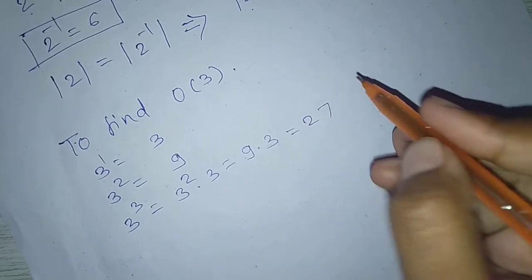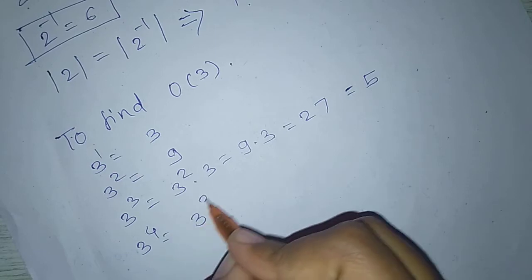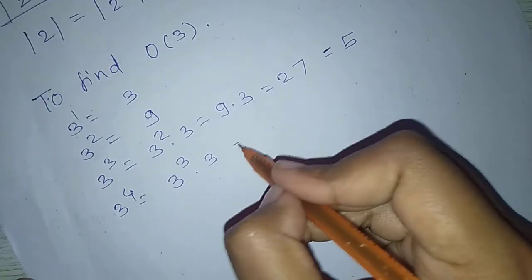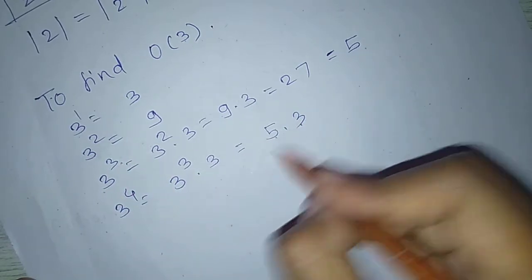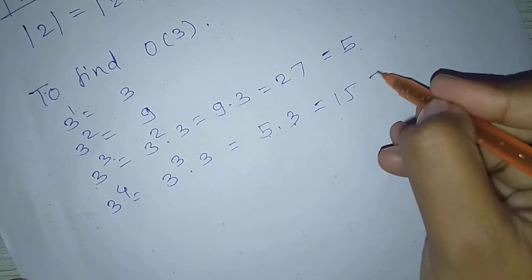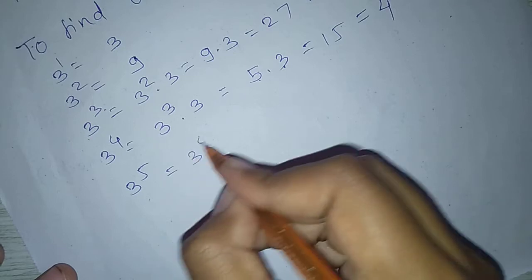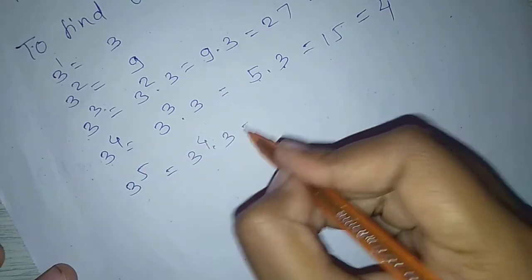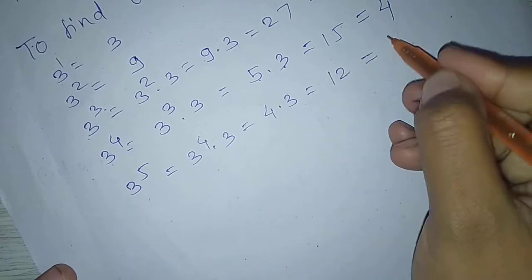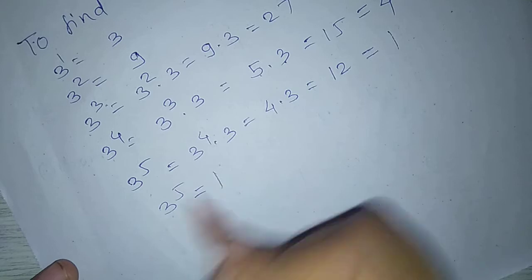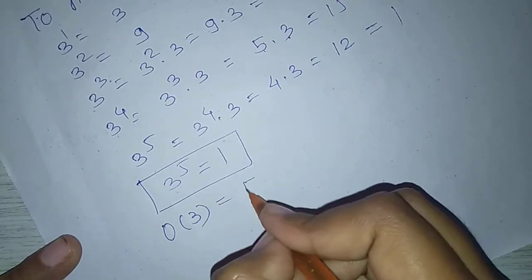Under modulo 11, 27 is 5. 3 raised to 4 equal to 3 raised to 3 into 3 equal to 5 into 3, 3 raised to 3 is 5. 5 into 3 equal to 15 under modulo 11. 15 is 4. 3 raised to 5 equal to 3 raised to 4 into 3. 3 raised to 4 is 4. 4 into 3 equal to 12 under modulo 11. 12 is 1. Here we get 3 raised to 5 equal to identity, means the order of 3 equal to 5.